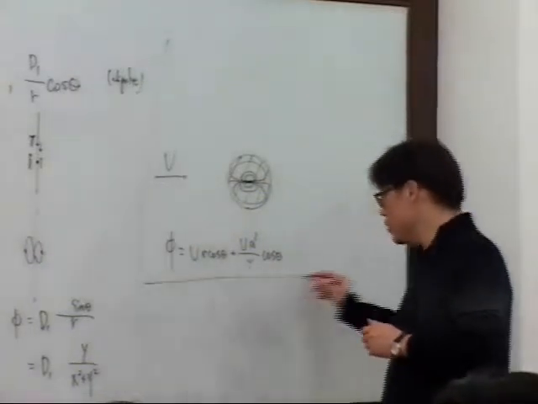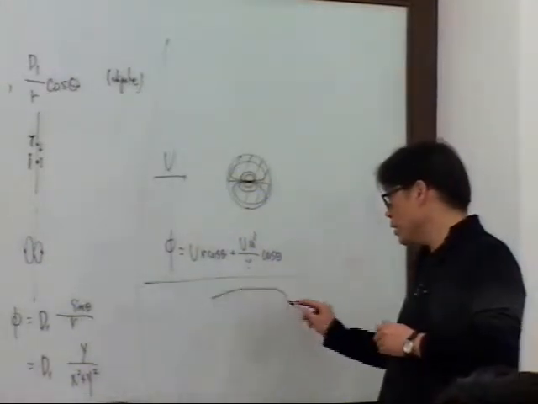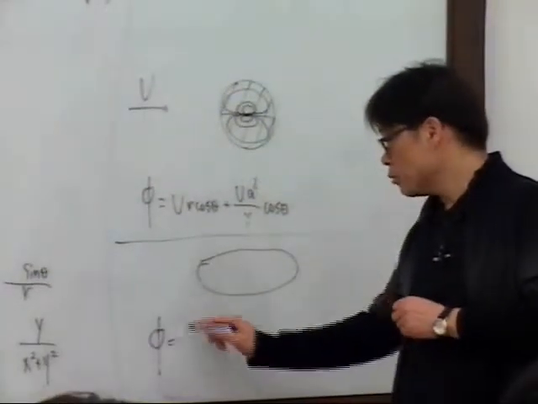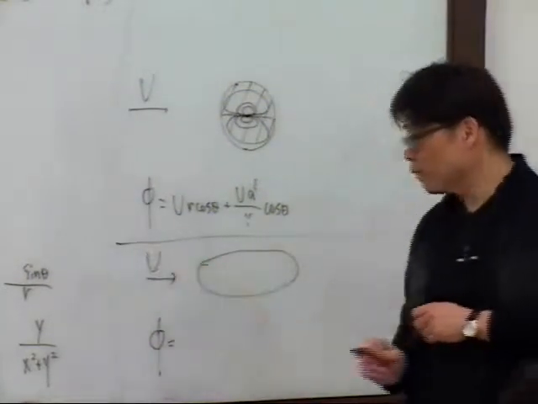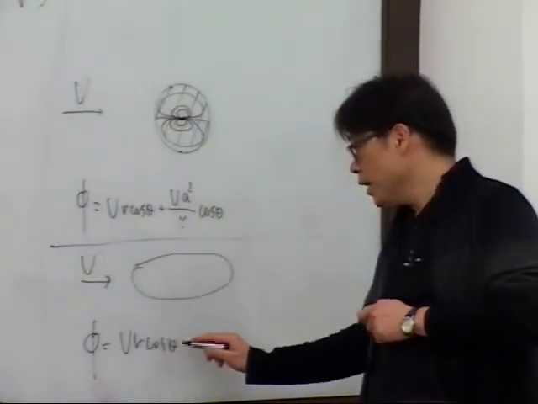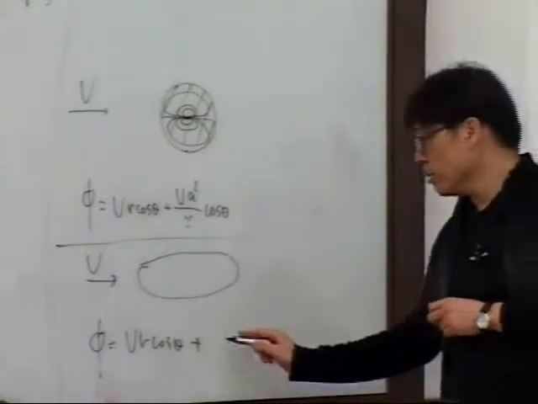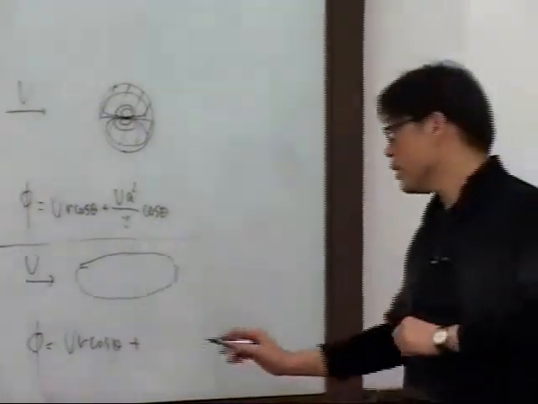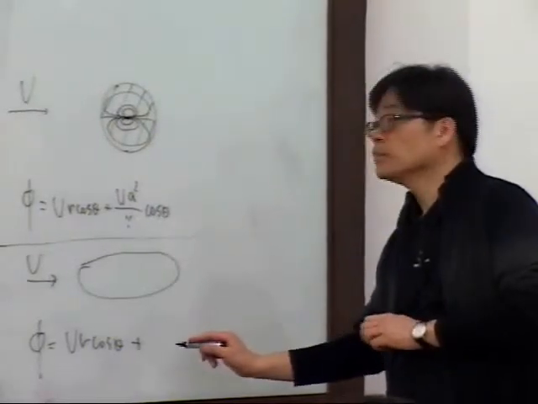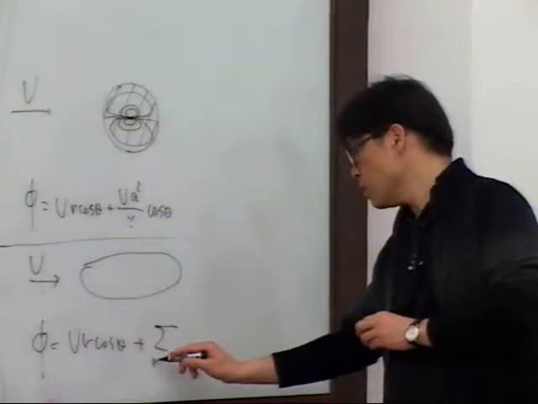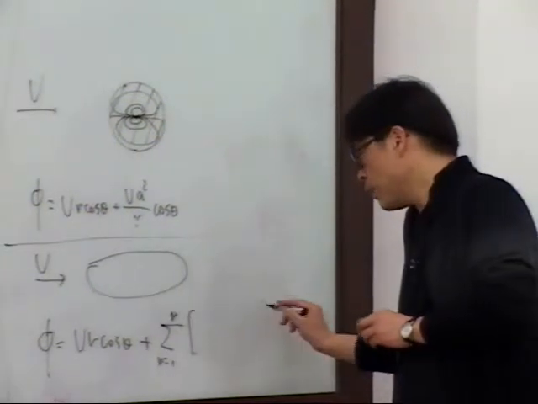But if the geometry is more complicated, then your phi has to be, so suppose you have a velocity like this, then you have a uniform stream for sure, and then you need all the multipoles, and all other things here.